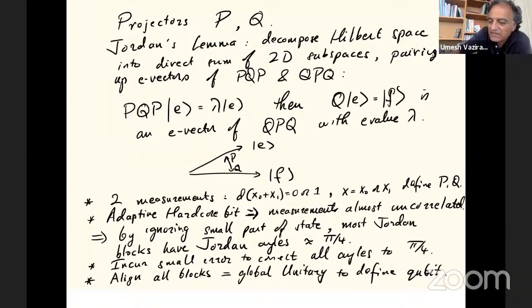So another way of saying this is, at the expense of ignoring a small number of blocks, we can say that all the angles are very close to 45 degrees.